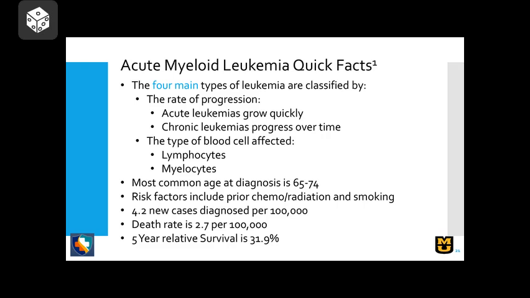The most common age at diagnosis is between 65 and 74. Risk factors include prior chemotherapy or radiation and smoking. 4.2 new cases are diagnosed per 100,000. Death rate is 2.7 per 100,000. The 5-year relative survival is 31.9%.